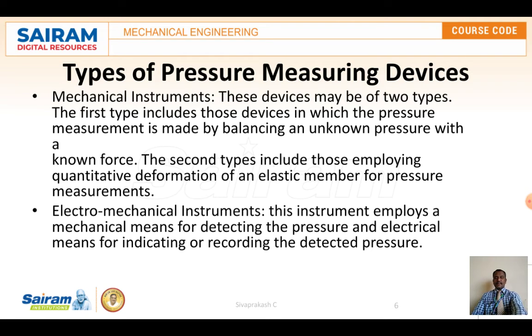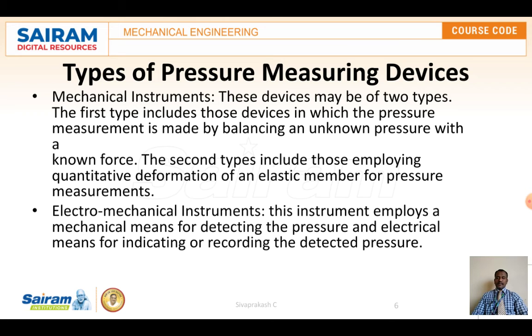So the mechanical instruments may be of two types. The first includes those devices in which pressure measurement is made by balancing an unknown pressure with a known force. The second type includes those employing quantitative deformation of an elastic member for pressure measurements.